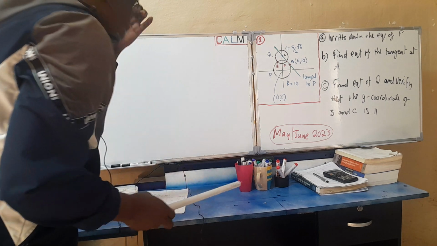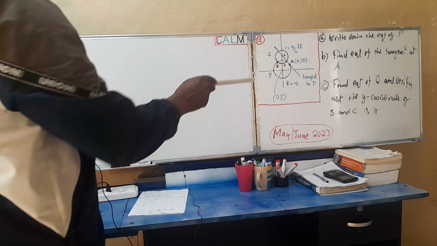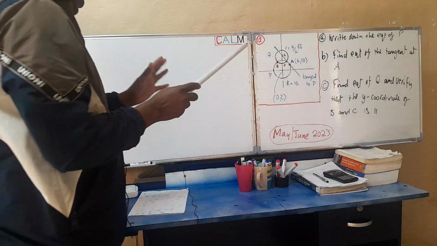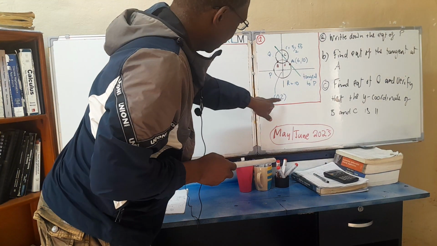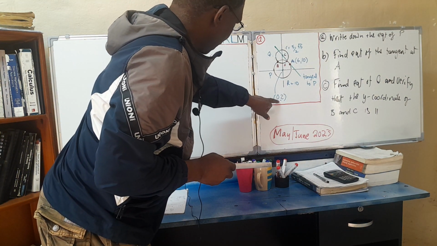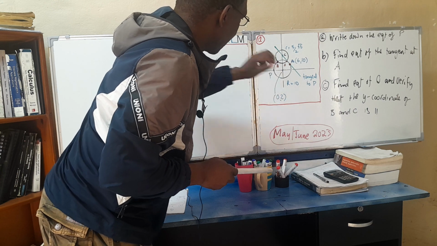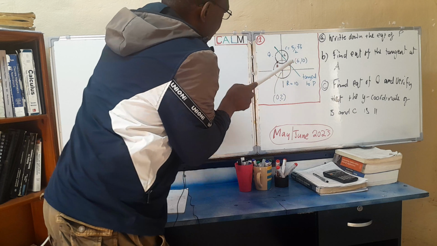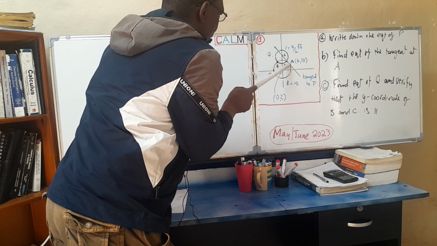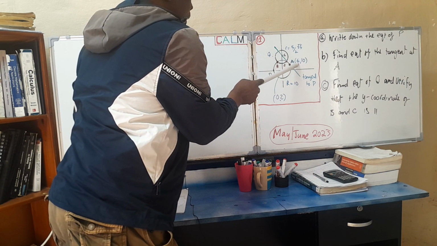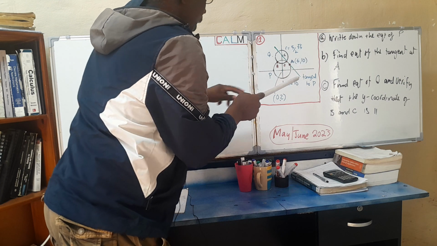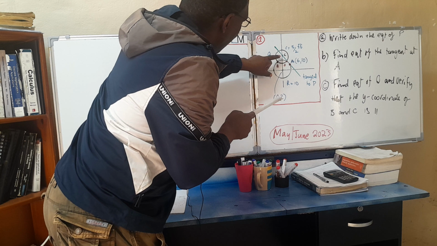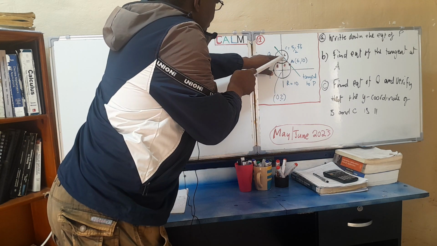On the board here, I have got two circles, circle P and circle Q. Now, circle Q is centered at the point 0, 2. In other words, x is 0, y is 2, there. And on circle P is a tangent at point A with coordinates 6, 10. And this tangent, the green line, crosses the y-axis at point C there.